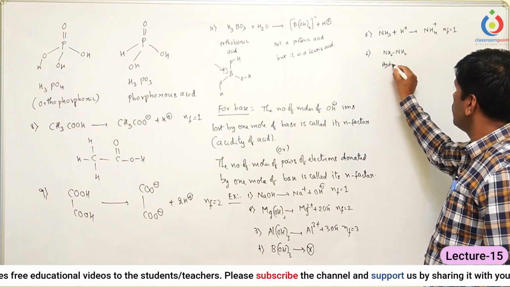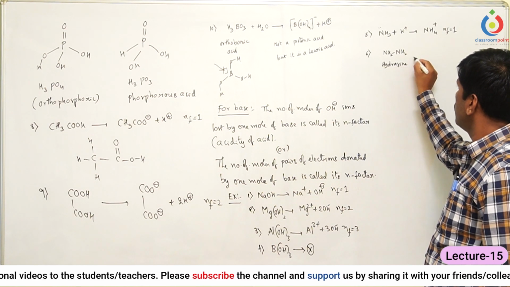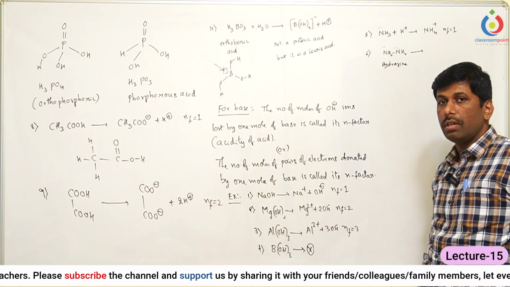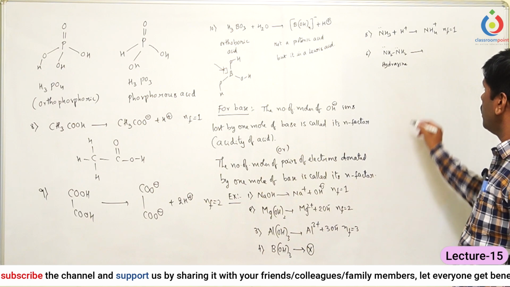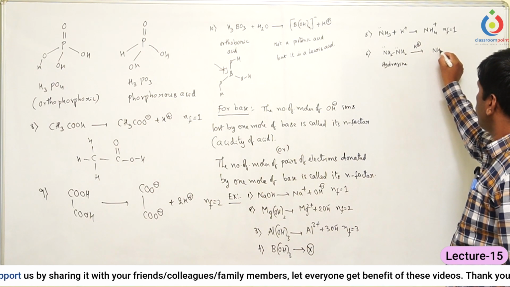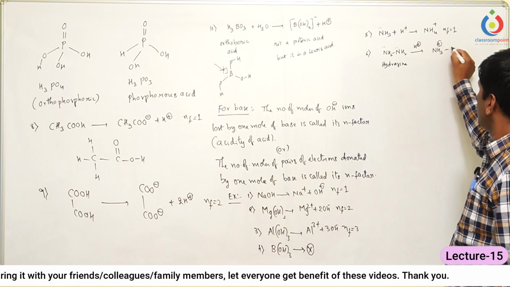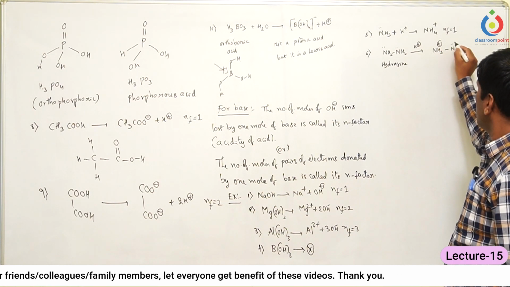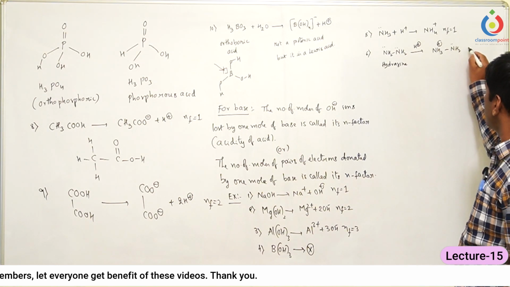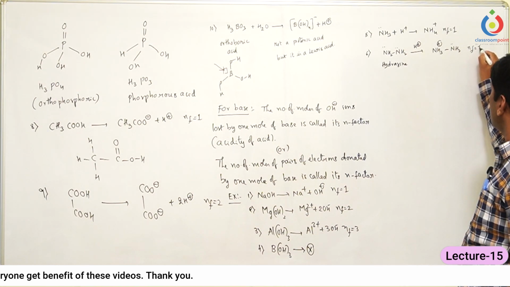It is called hydrazine. In case of hydrazine, there are two nitrogens each having a pair of electrons. If you treat this molecule with 1 H plus ion, it forms NH3 plus and NH2. It can react only with 1 H plus ion but not with 2 H plus ions. So N factor is equal to only 1.